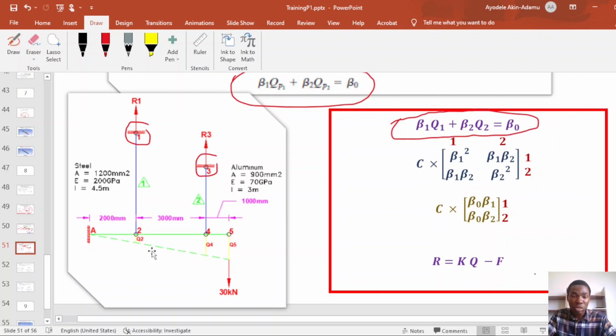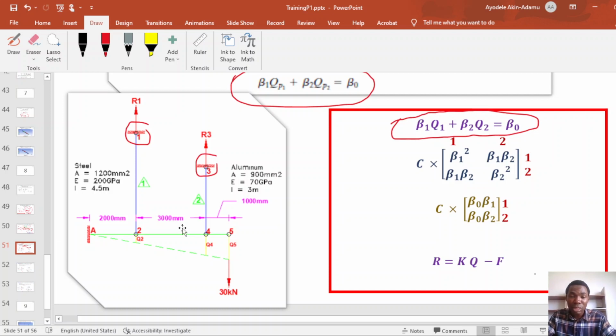So for this question, we need to relate node 2 and node 5 together, and also relate node 4 and node 5 together. The summary is that you have to relate two nodes together: a node without load applied, and a node with displacement with load applied.